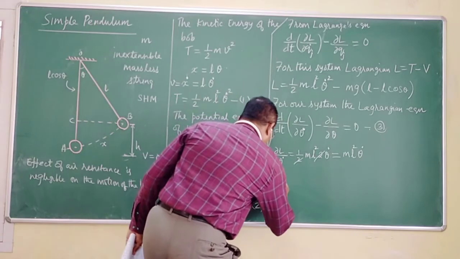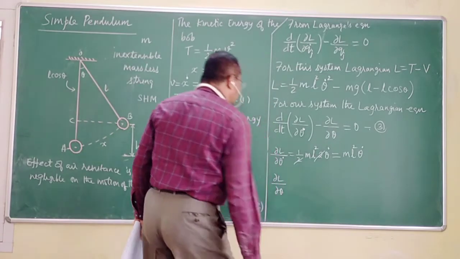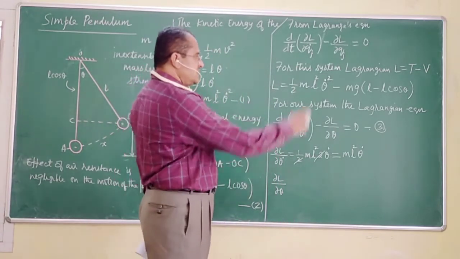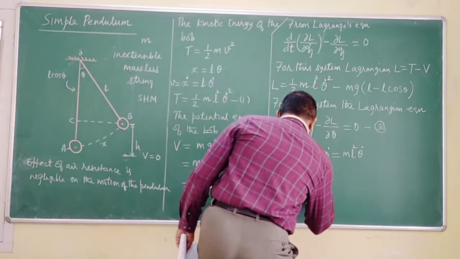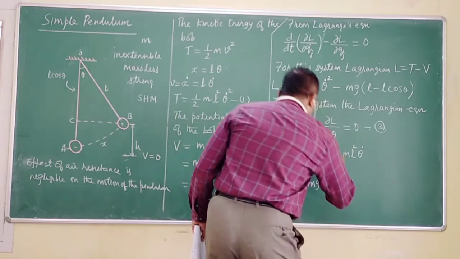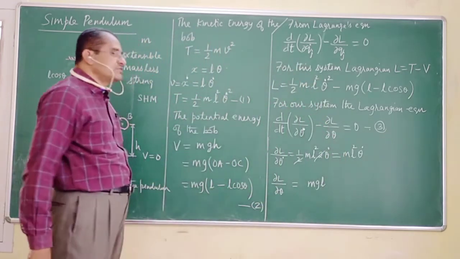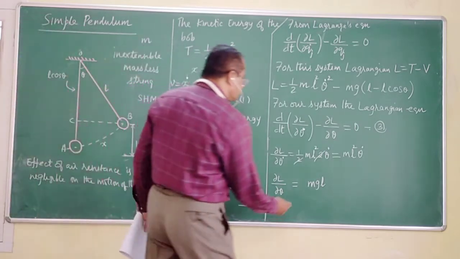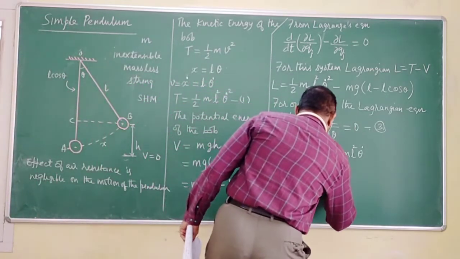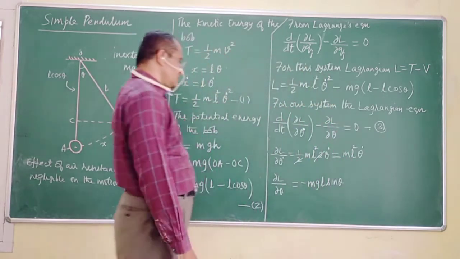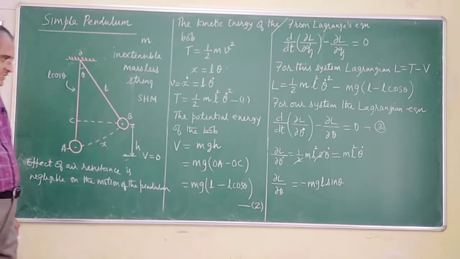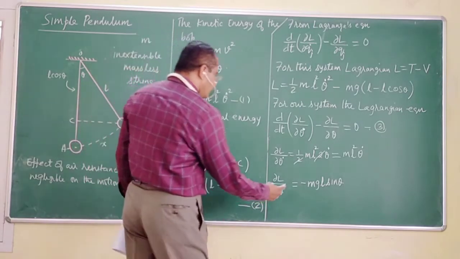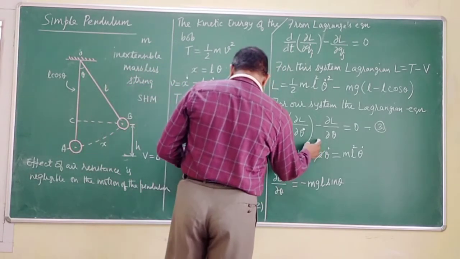Now, ∂L/∂θ: mgl will go off, minus or minus plus. Therefore, mgl cos θ, if you differentiate, gives minus sin θ. So we have got expressions for ∂L/∂θ̇ and ∂L/∂θ. We need to substitute these values in equation 3.